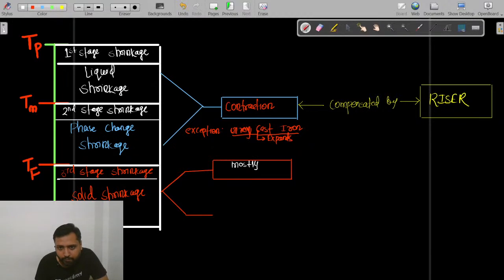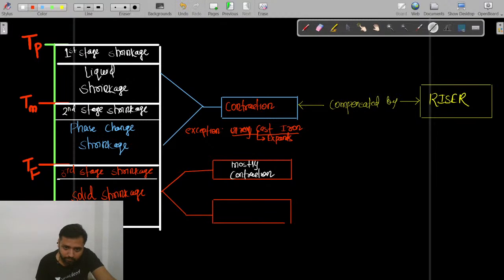But sometimes, you know, expansion can also happen in some cases.